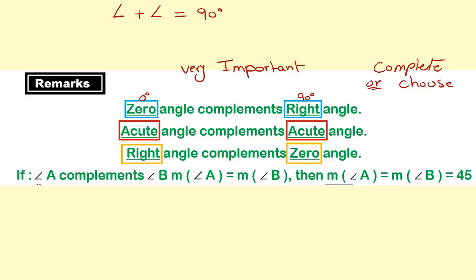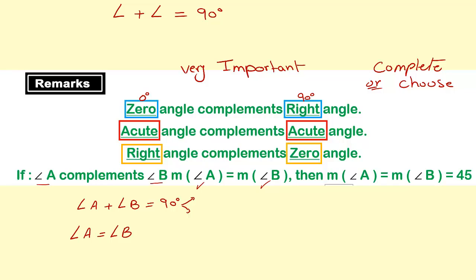If angle A complements angle B and the measure of angle A is equal to the measure of angle B. So I am saying that angle A plus angle B is equal to 90 degrees since they complement each other, right? Also, he told me that the measure of angle A is equal to the measure of angle B. So now I know that this 90 degrees is divided on two angles.